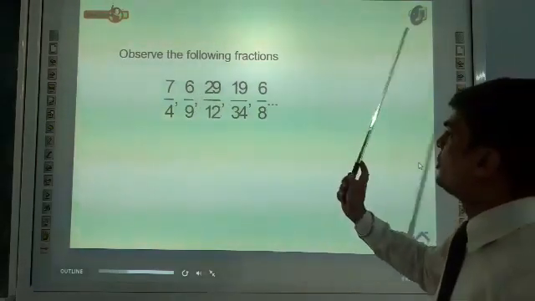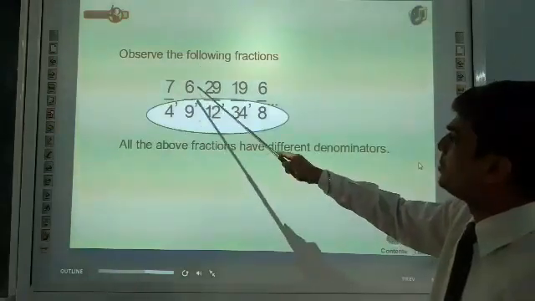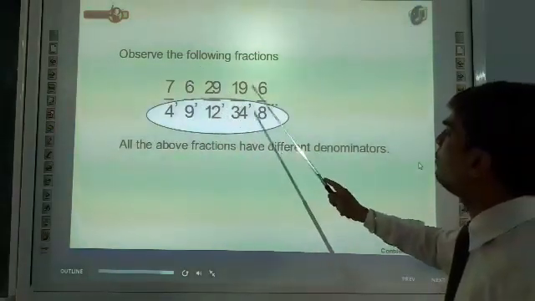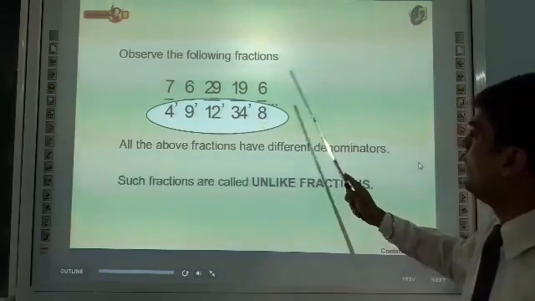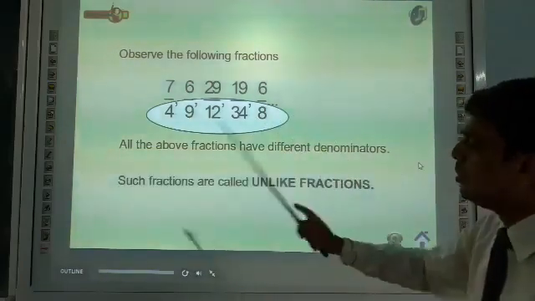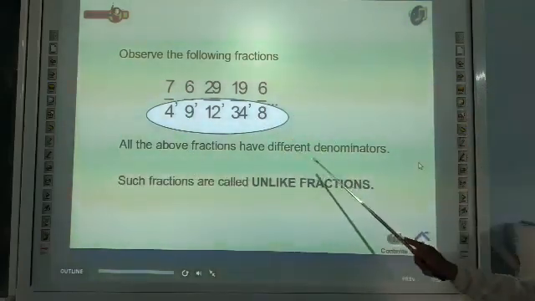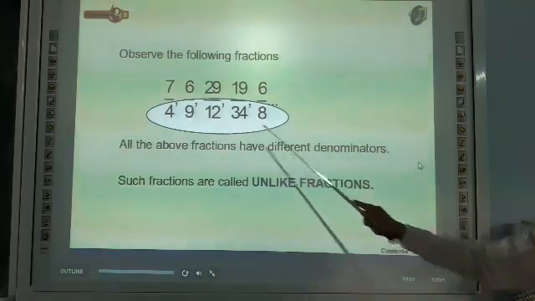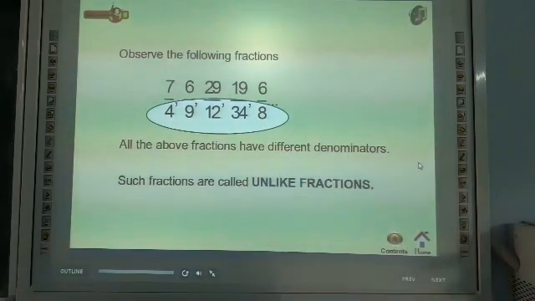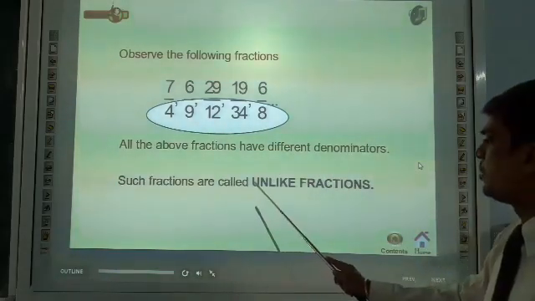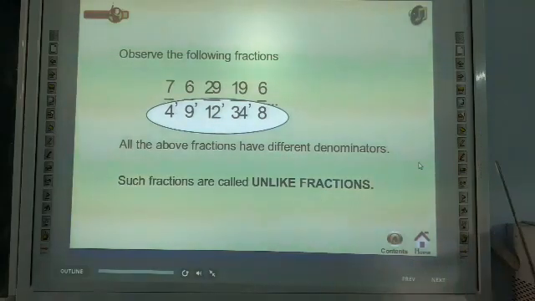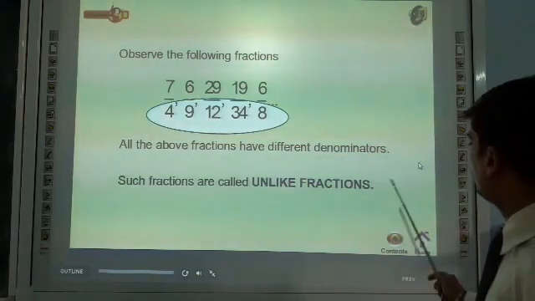Observe the following fractions: 7 upon 4, 6 upon 9, 29 upon 12, 19 upon 34 and 6 upon 8 and so on. All the above fractions have different denominators. Such fractions are called unlike fractions.